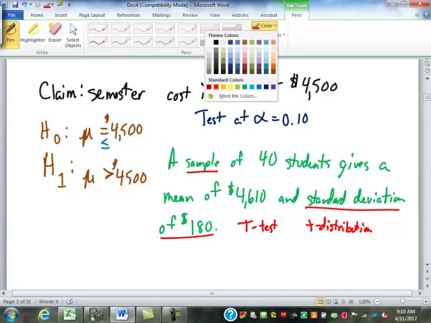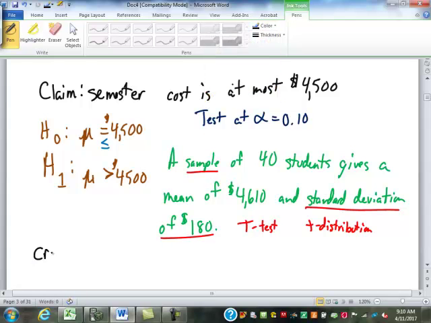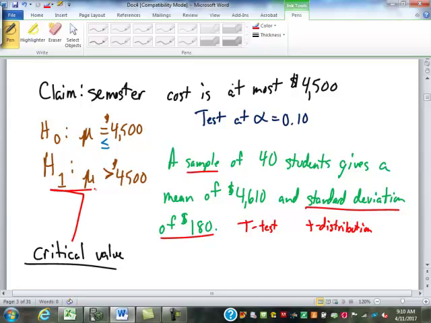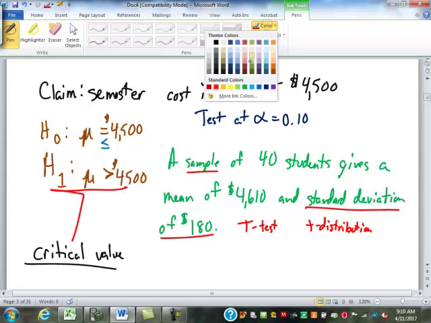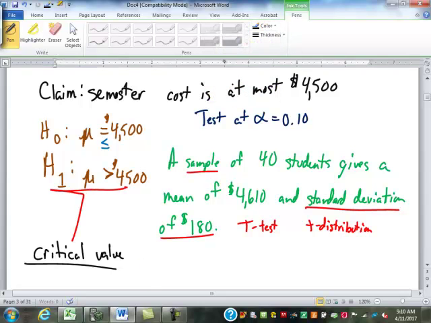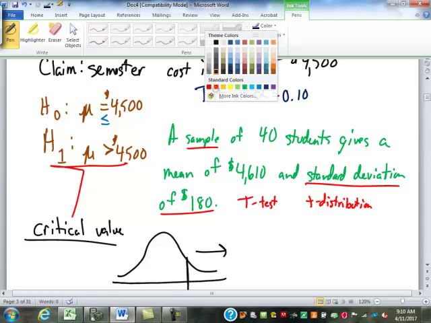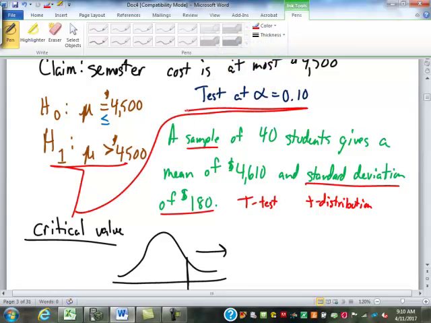So now we need to find our critical value. For our critical value, remember, we once again need the alternative hypothesis, which is saying greater than. The t-distribution is still a bell-shaped curve. Greater than means we're looking at the upper tail, somewhere up in here. Then we also need the significance level, alpha, which is 0.10.